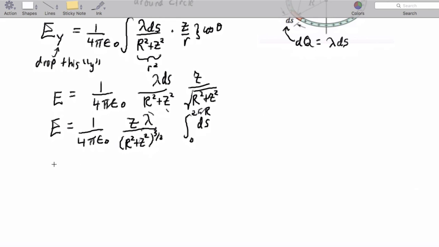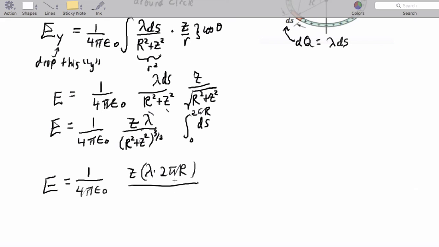So finally, I'm going to end up getting an electric field equal to 1 over 4 pi epsilon naught, z lambda times 2 pi r. I'm going to factor that, and you'll see why in a second. Because basically ds integrated is s from 0 to 2 pi r.